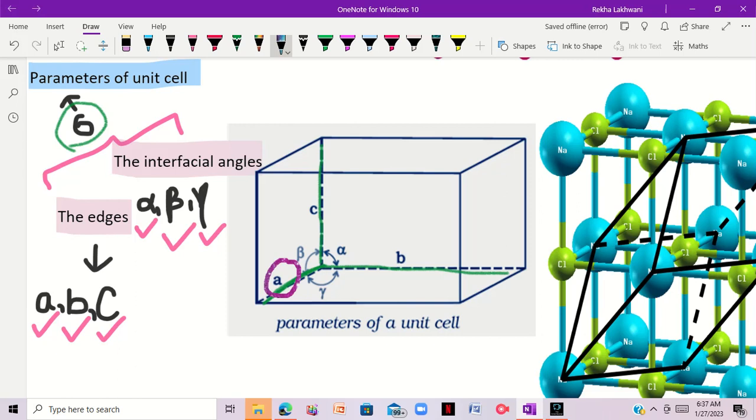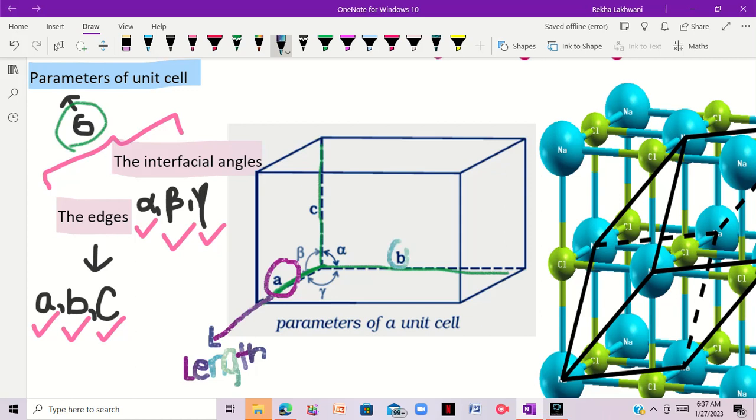This is the edge. So A is basically the length of the edge. A is length.